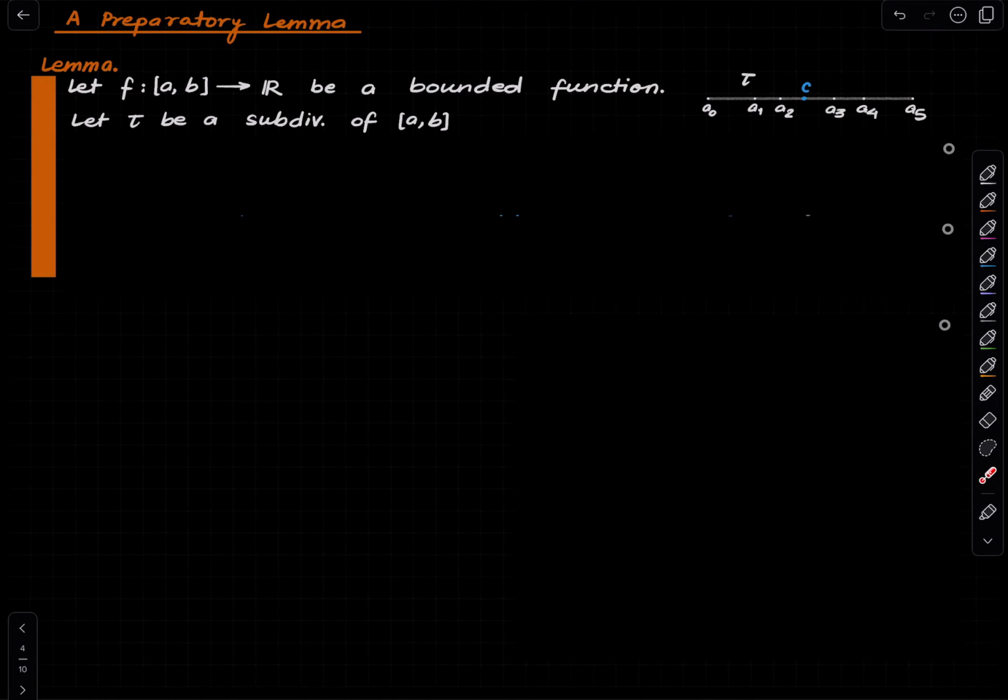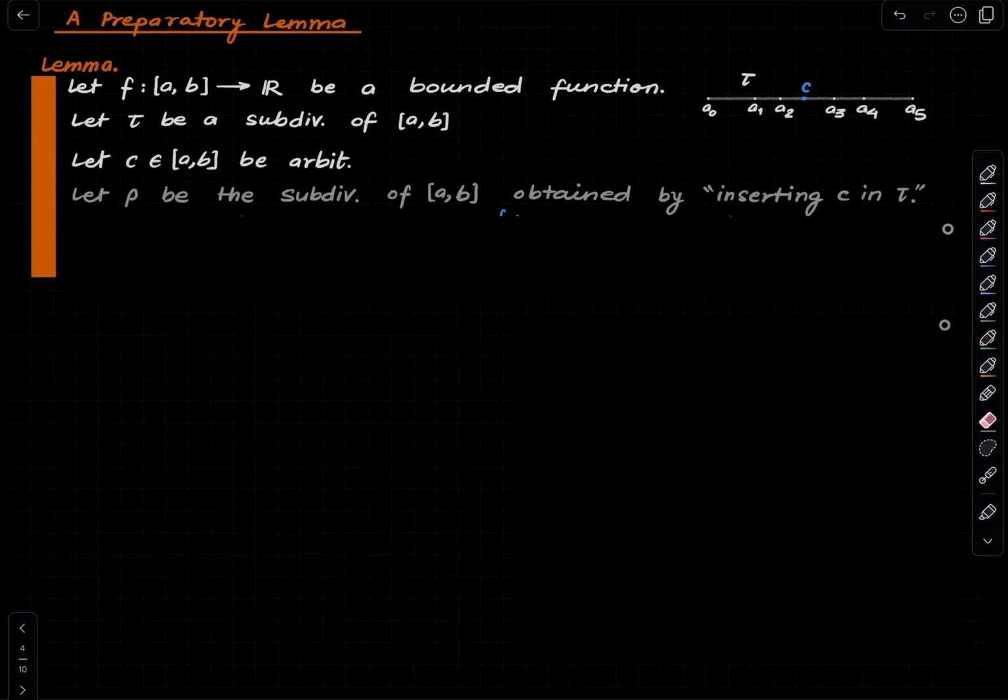So suppose we are given a bounded function, and we have a subdivision tau of the domain of f. Suppose we have a point c arbitrarily chosen in the interior of this interval. So here I would like to make it an open interval. And then we define rho.